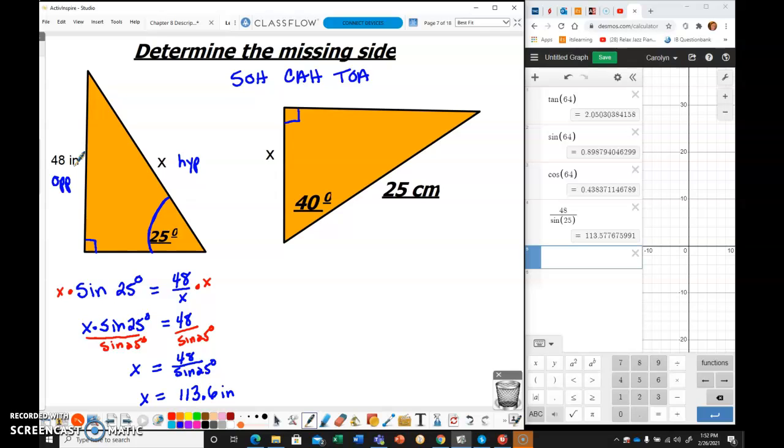All right, to solve the second one here, again, identify which angle you have. Looks like I have this 40-degree angle here. Now, with respect to that 40-degree angle, what are the pieces? Well, this side seems to be attached to the 40 degrees, so that's the adjacent side. And this piece here is actually opposite the 90-degree angle, so that's my hypotenuse.